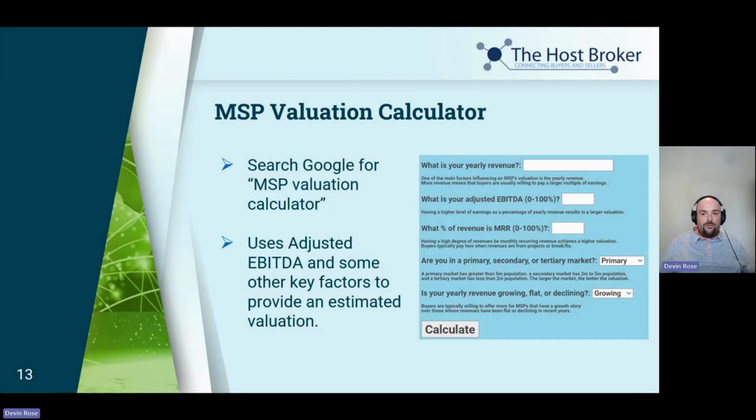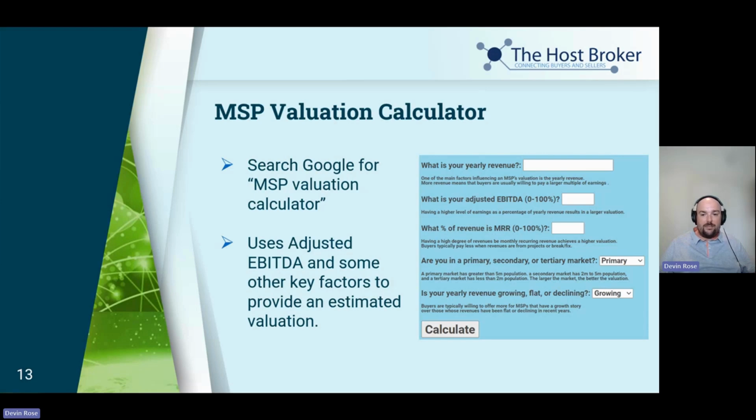On our website, we do have this tool, which is really handy for valuations. If you search Google for MSP Valuation Calculator, this will pop up. It's using the adjusted EBITDA percentage that we just calculated, revenue, and some other basic pieces of information to help come up with an estimated range. This is just an estimate.